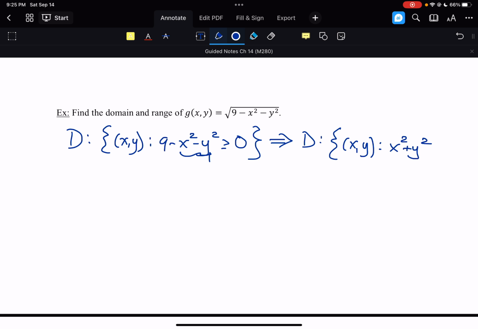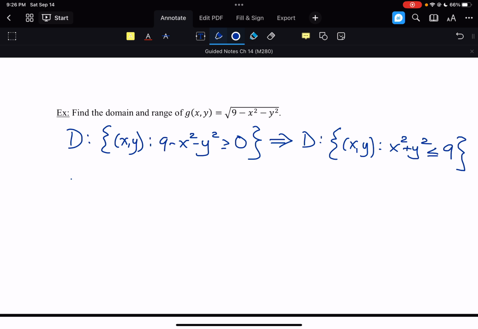I moved these, added them over here, but then I'm flipping it so that the variables come first. So they're going to be on the less than or equal to side of 9. So this would be our domain: all ordered pairs such that x squared plus y squared is less than or equal to 9.